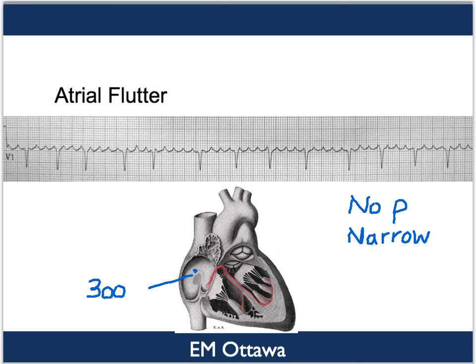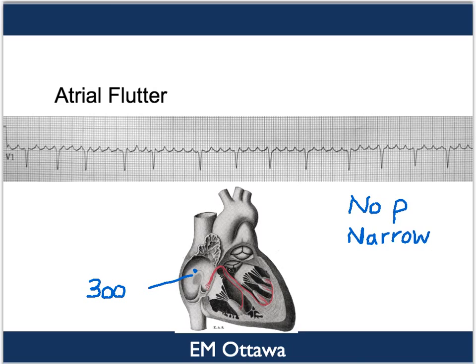The AV node usually is unable to transmit 300 per minute, and therefore it might block every second impulse and only transmit 150 a minute. Or it may block every second and third impulse and only transmit at 100 a minute.